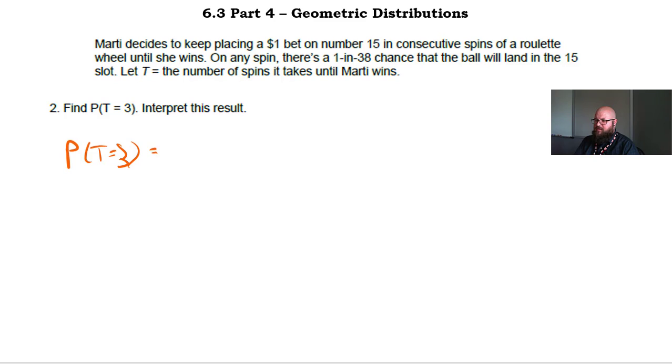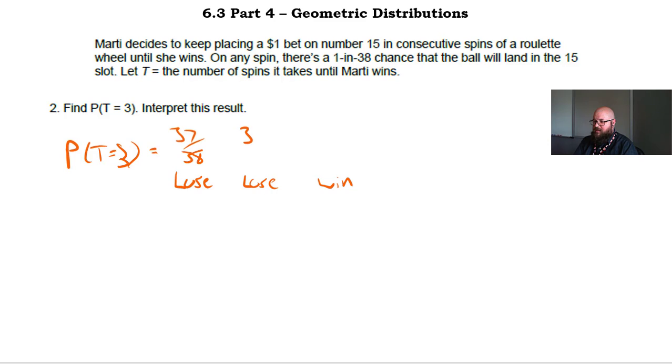To find the probability of T equals 3, the third try is the win. So she would take a lose and a win. But what's the probability for those? Well, for a loss, she has a 37 out of 38 chance of losing, right? Because there's a 1 in 38 chance of winning.